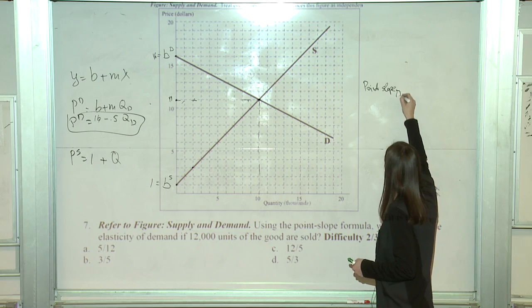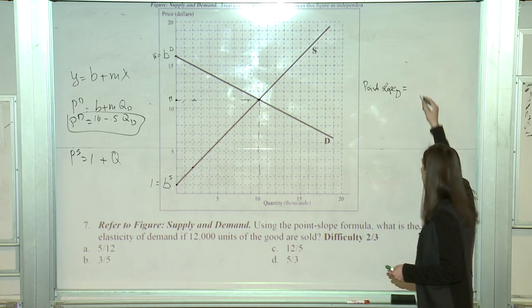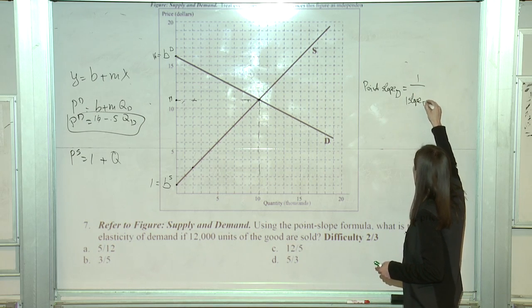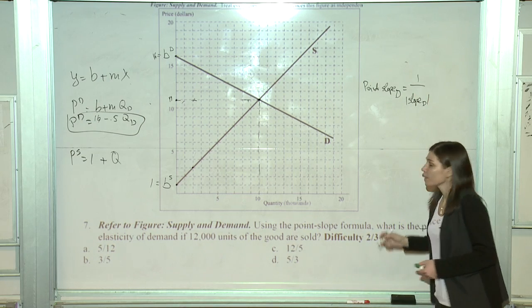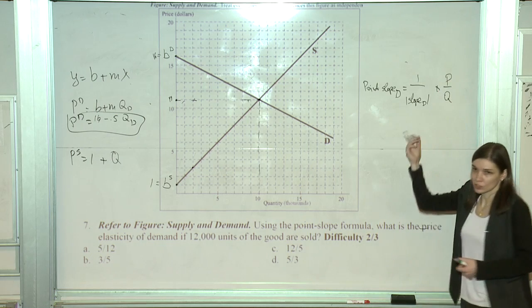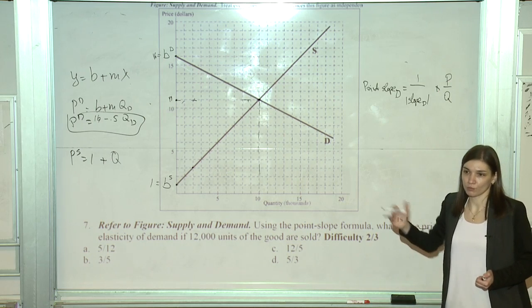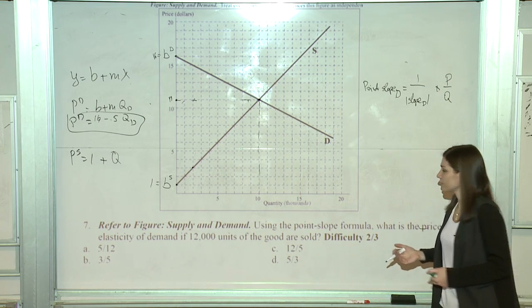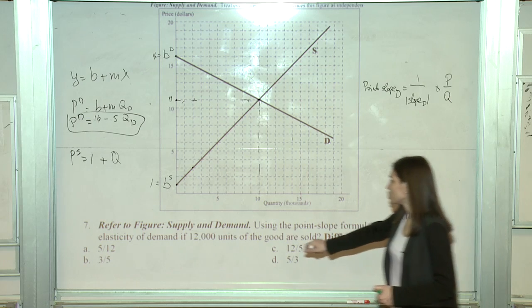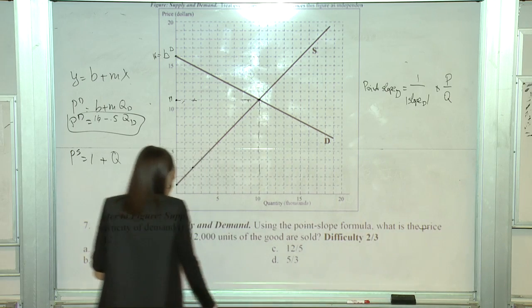So the point slope formula for demand would be 1 over the absolute value of the slope of the demand curve in this case, times P over Q. And P and Q are just that, the P and Q at that point that we're looking for the elasticity at.